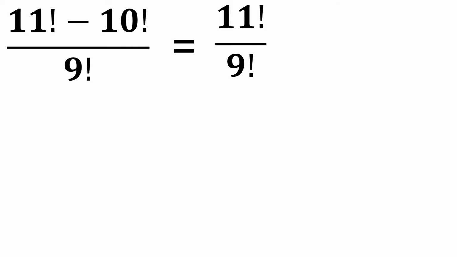So we will use this in order to solve the problem of the day. The problem of the day is 11 factorial minus 10 factorial divided by 9 factorial. We can express this as follows: it is the same as 11 factorial over 9 factorial minus 10 factorial divided by 9 factorial.